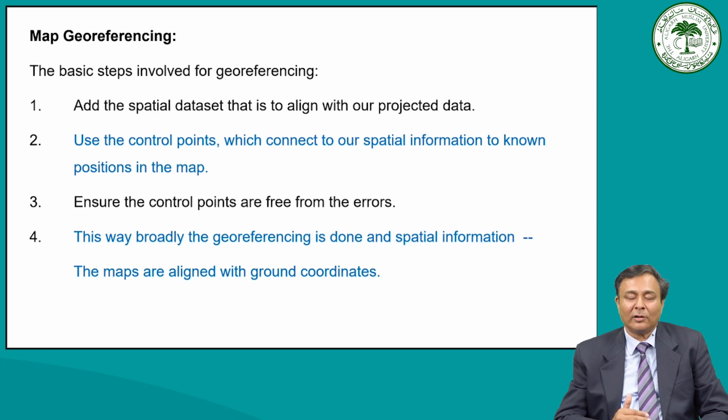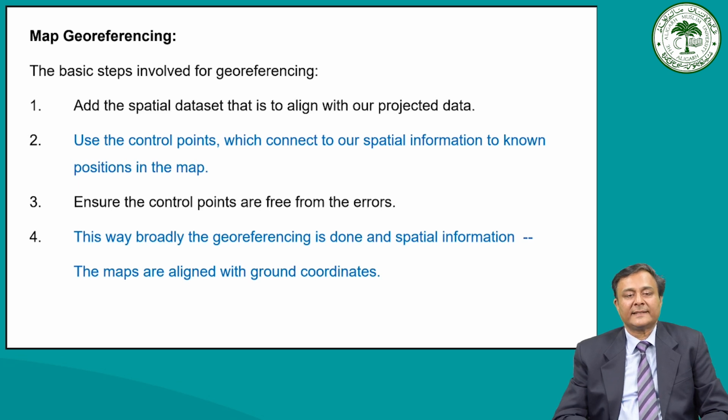Now you see, this is also very interesting: when we are georeferencing, if the original map has some errors, any kind of error, and this error-loaded data is transferred to or georeferenced to a new data set, then the error may multiply or increase.